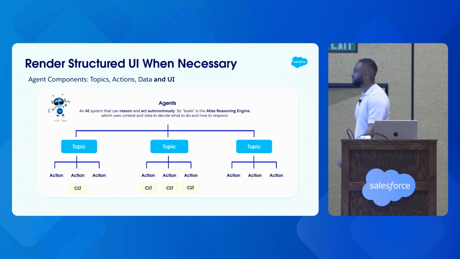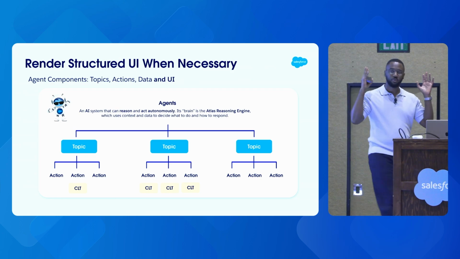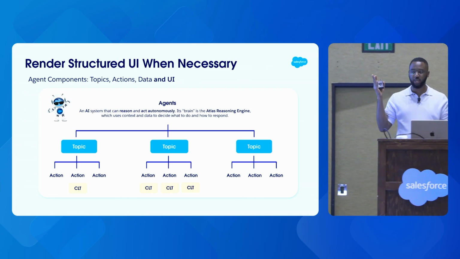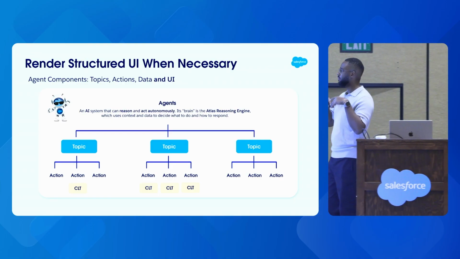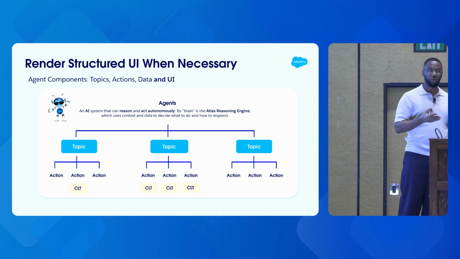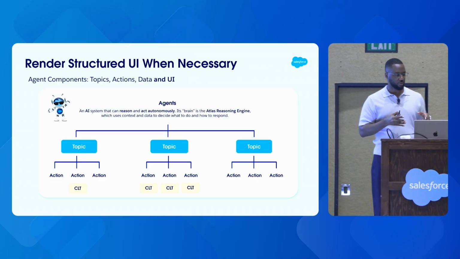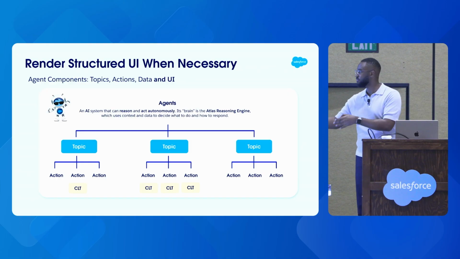And so a new way to think about Agentforce conversations is this. You have your agent brain, you have the Agentforce reasoning engine, the Atlas reasoning engine, to help classify user intent. You have topics, which just help classify the different jobs and personas that the agent can take.